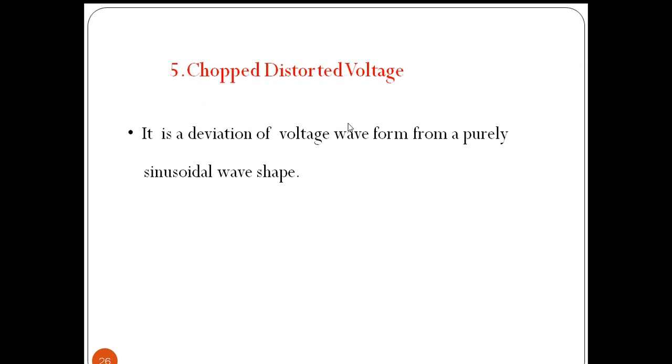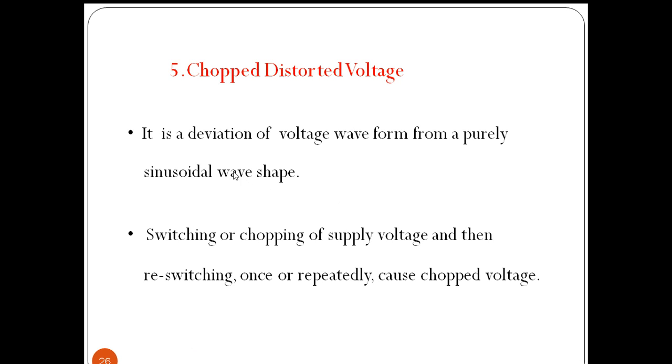Chopped distorted voltage. It is a deviation of the voltage waveform from a purely sinusoidal wave shape. Switching or chopping off supply voltage and then reswitching, once or repeatedly, causes chopped voltage.